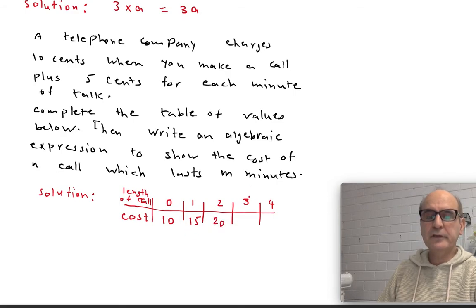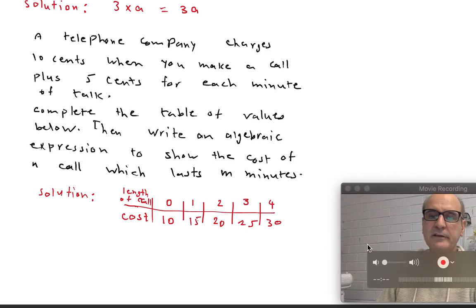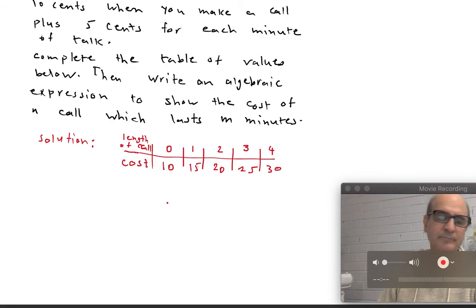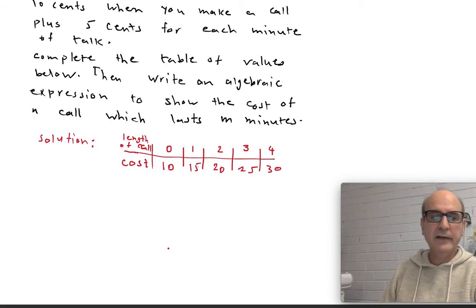If you talk for 3 minutes, you're going to pay 3 times 5, 15 cents, plus that extra 10, so 25. And finally, if you're making a call for 4 minutes, then it's 4 times 5, which is 20, plus 10, 30 cents. This table shows the length of the call versus the cost of that call.